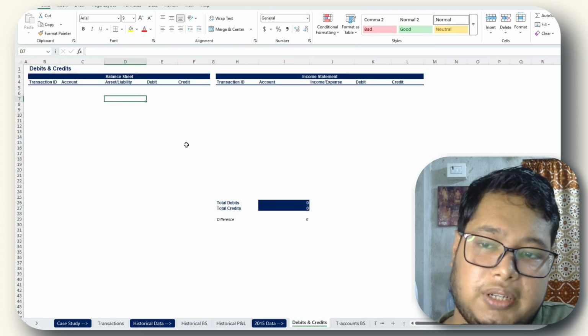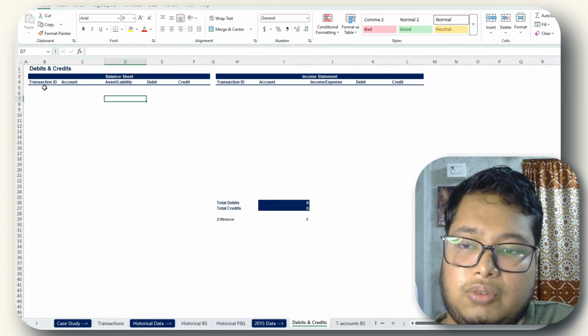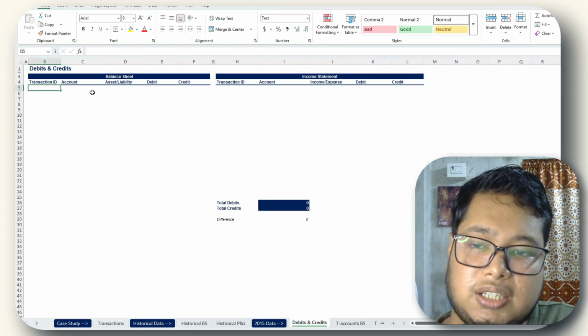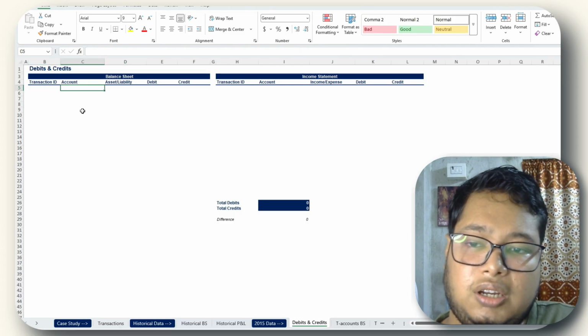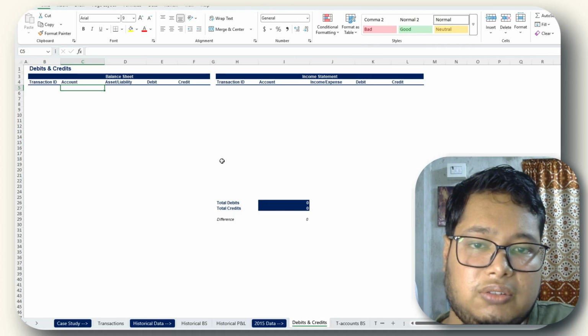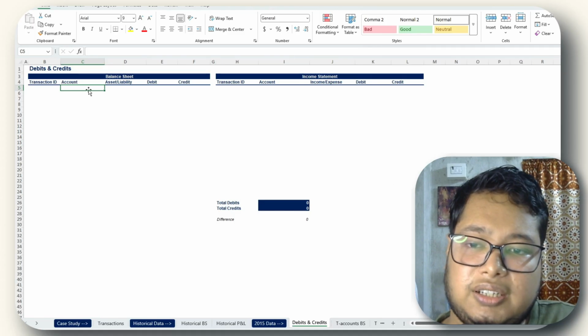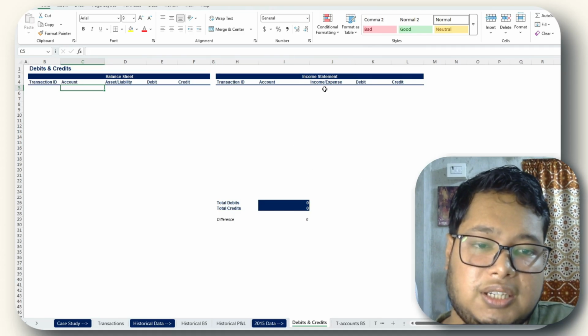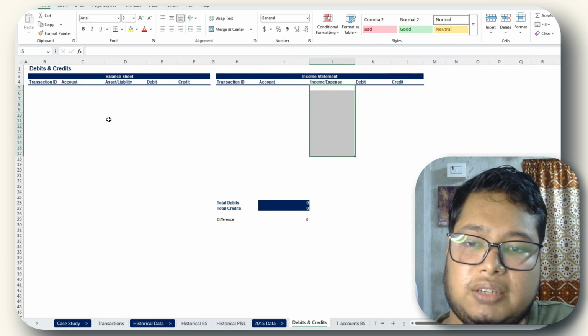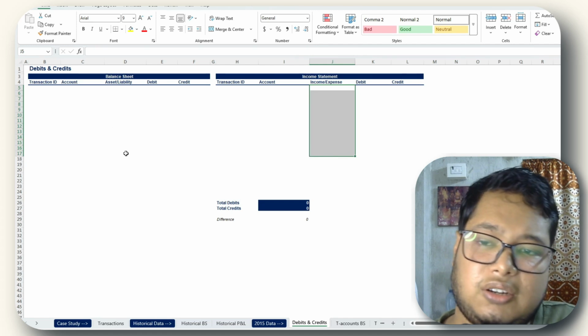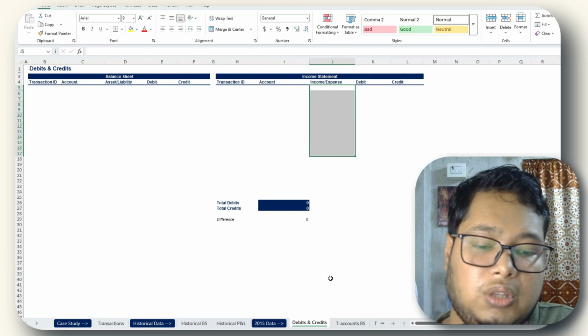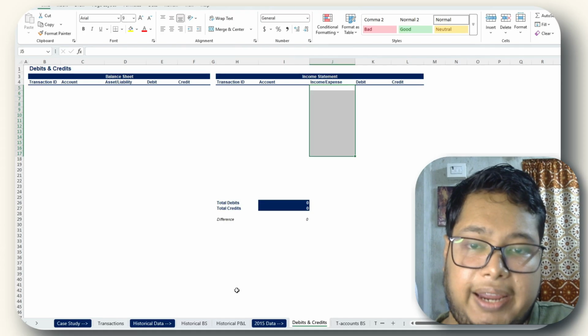I will put the transaction number, and when I have to put the account name, I can use a drop down list by creating a data validation here. So it will be much easier, and I will not mistakenly misspell anything. Although there are few accounts, that would be very handy.